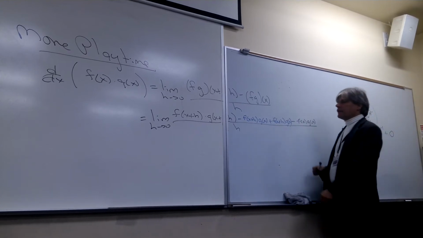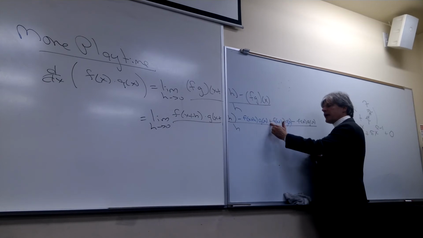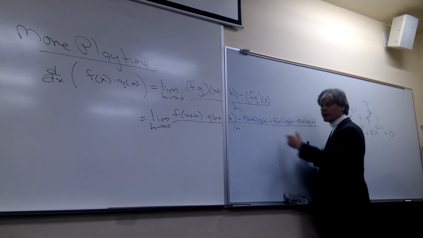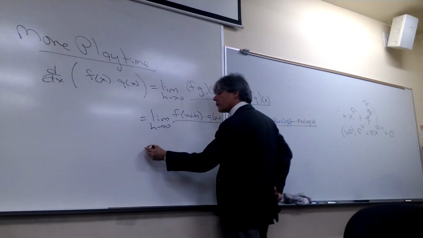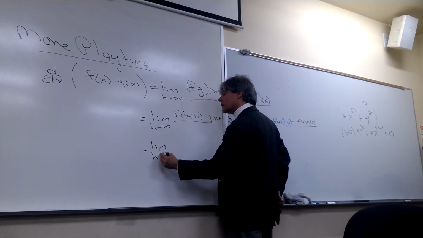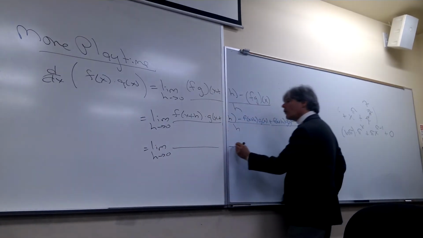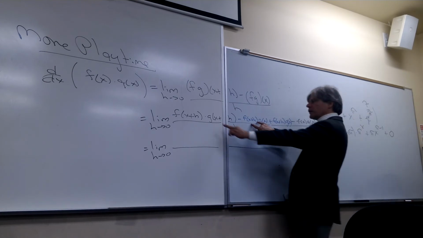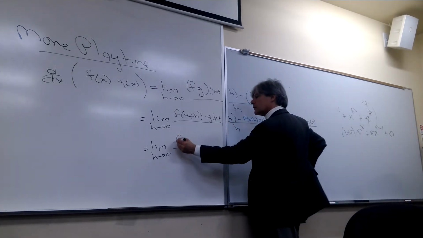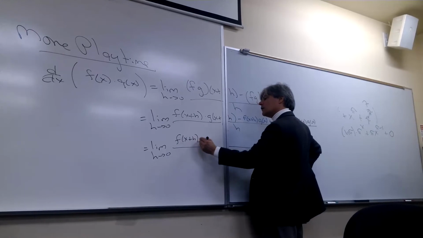It's just that if I split this big fraction up right here, take a mathematical axe right there, I think what that gives me is a limit as h goes to 0. Well, you guys take a peek at these two terms upstairs. They have a common factor of this. Let me pull it out.